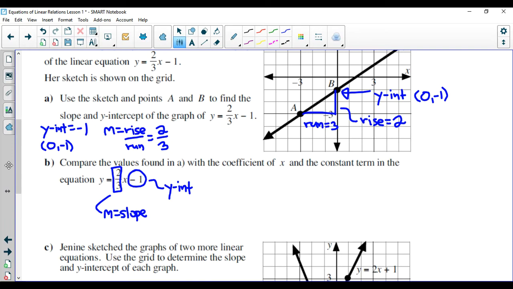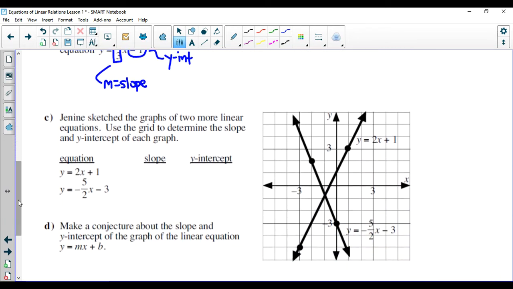Okay, so let's look at part C now. It says they sketched the graphs of two more linear equations, and we use the grid to determine the slope and the y-intercept of these different graphs. So y equals 2x plus 1 is this graph.